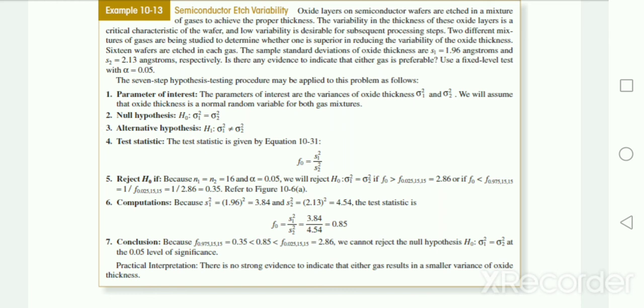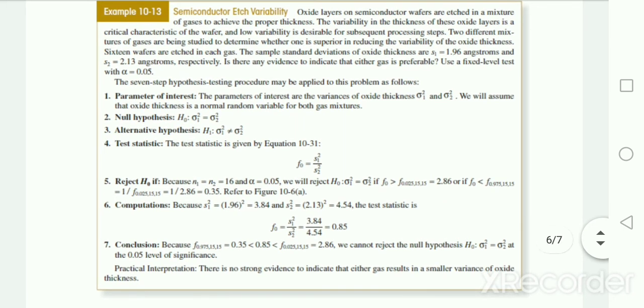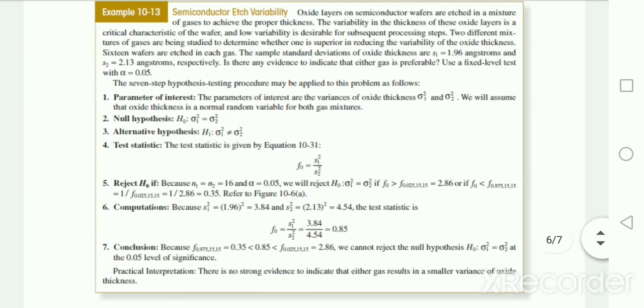That means is there any difference in these cases. Otherwise we have to take both as equal. So we have to check whether there is a difference between the two gases. Which one is best?